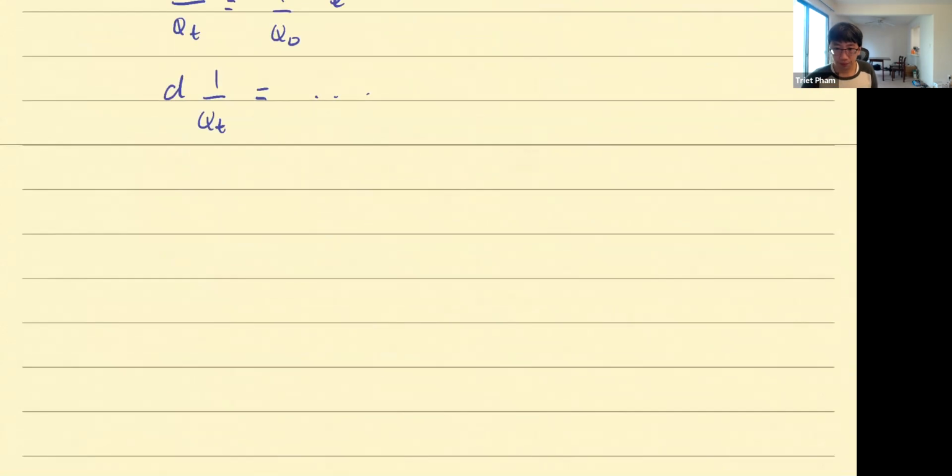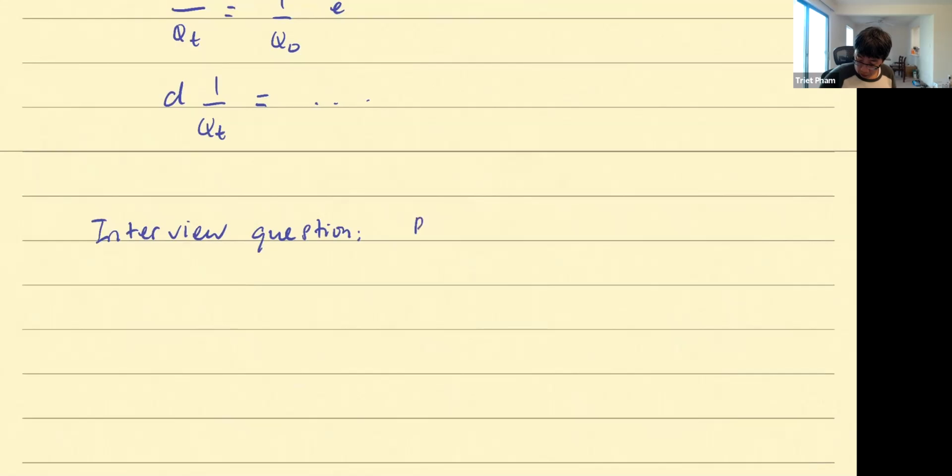So finally, I just want to mention the connection between this and an interview question that I told you about a while ago. The interview question was the Black-Scholes formula.